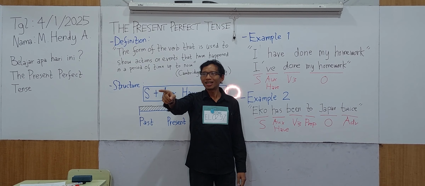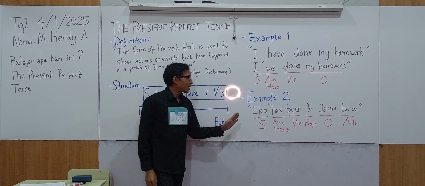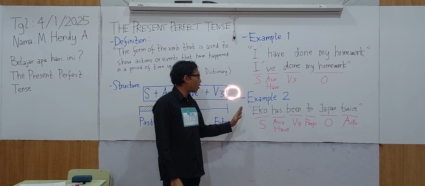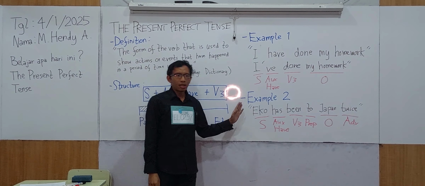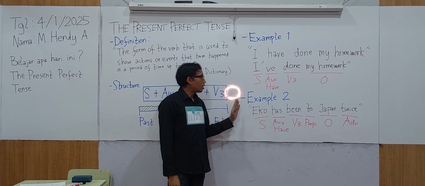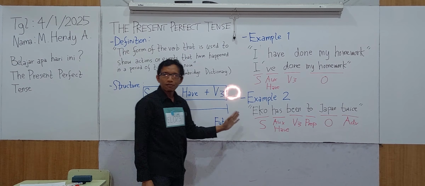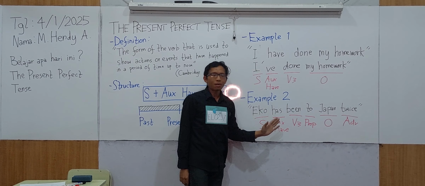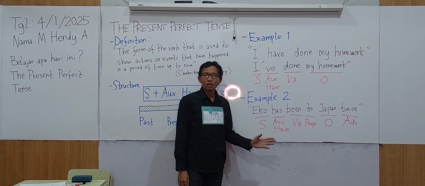Yeah. That's it. That's because the subject here, i.e. Echo, is a third person singular. When you have this type of subject and you want to form the present perfect tense, you have to change the auxiliary verb have into has. That's why I use has.